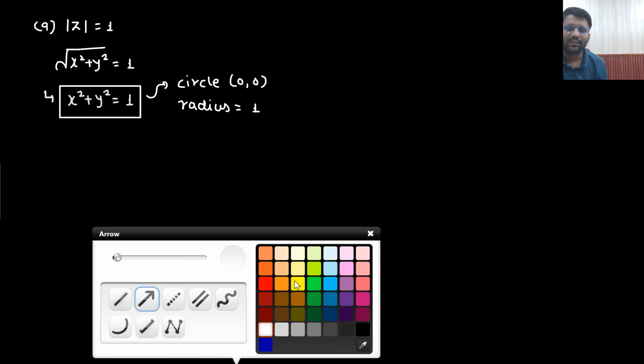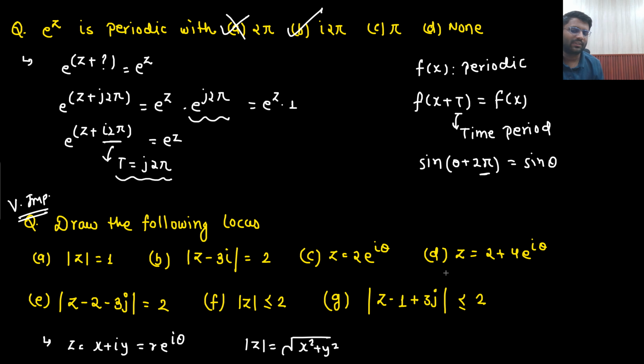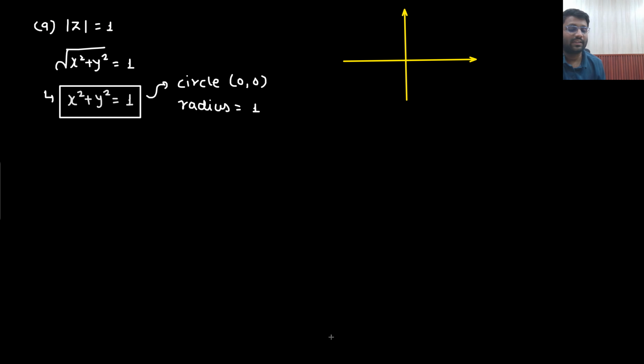So what you are getting from here? X square plus y square equals 1. What does this represent? This simply represents a circle with the center at 0, 0 and radius 1. So what is the locus? You need to draw the locus in the xy plane, or you can say z plane or complex plane.